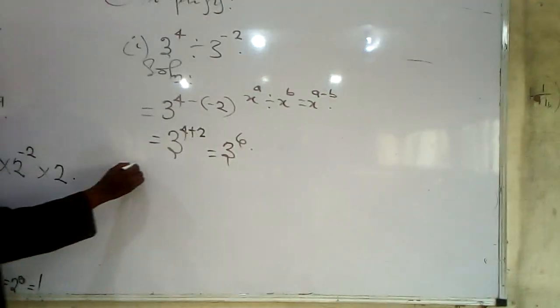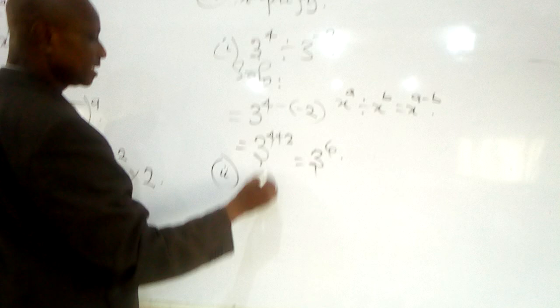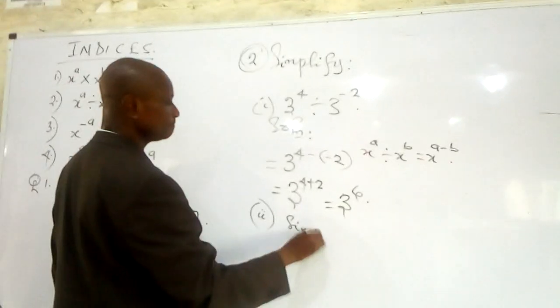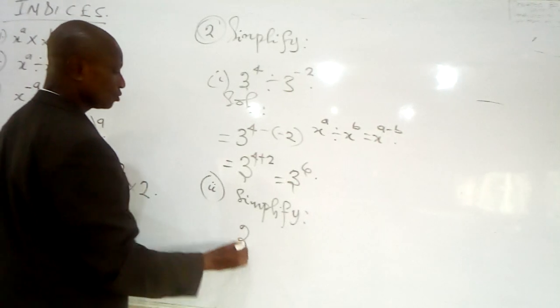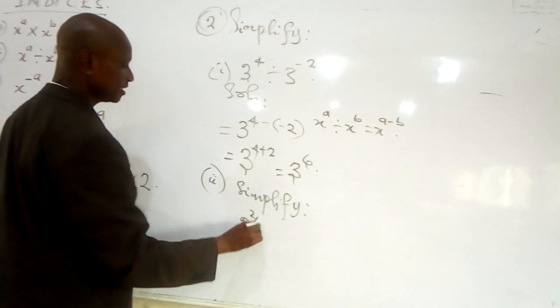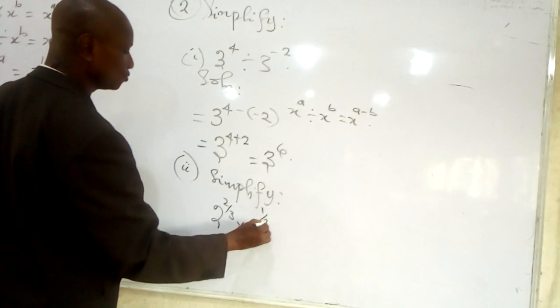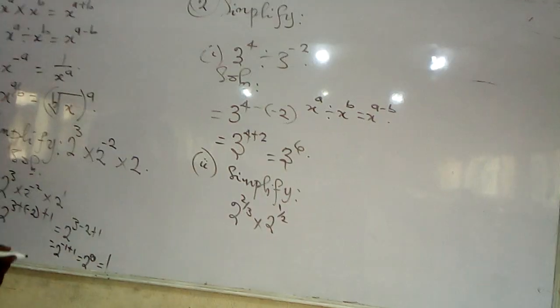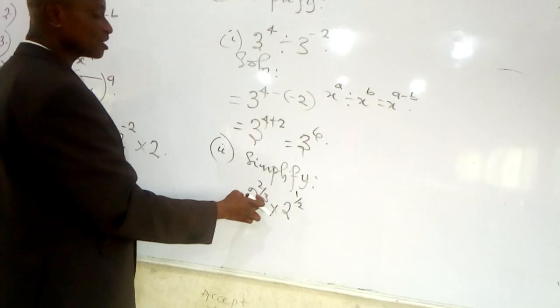Furthermore, in another view of this, you could be given: simplify, write in simple form, 2 raised to the power 2 over 3 multiplied by 2 raised to the power 1 over 2. The exponent being a fractional value does not change anything.